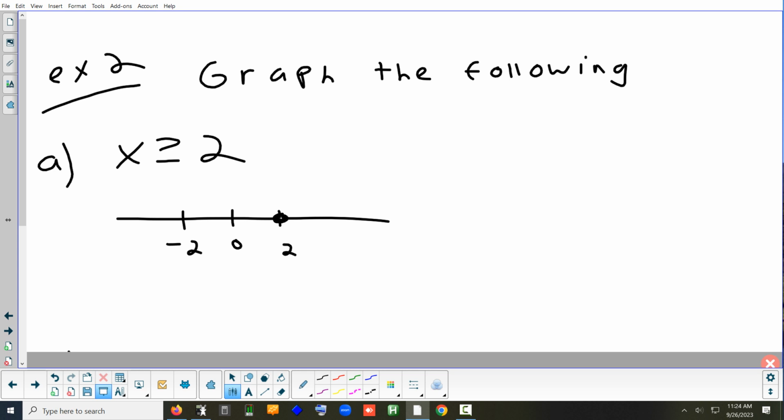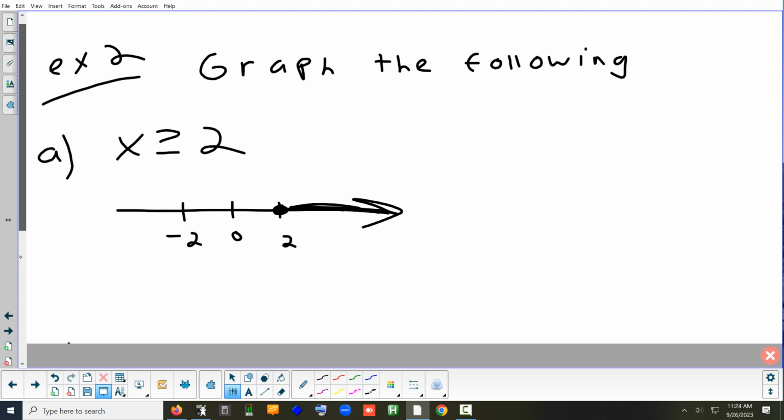And we need to do one more thing. Arrow to the right. Yeah. So that's x is greater than or equal to 2 as a graph. You should be able to change between all of these, graphs to inequalities to intervals. All different ways of representing your answer.